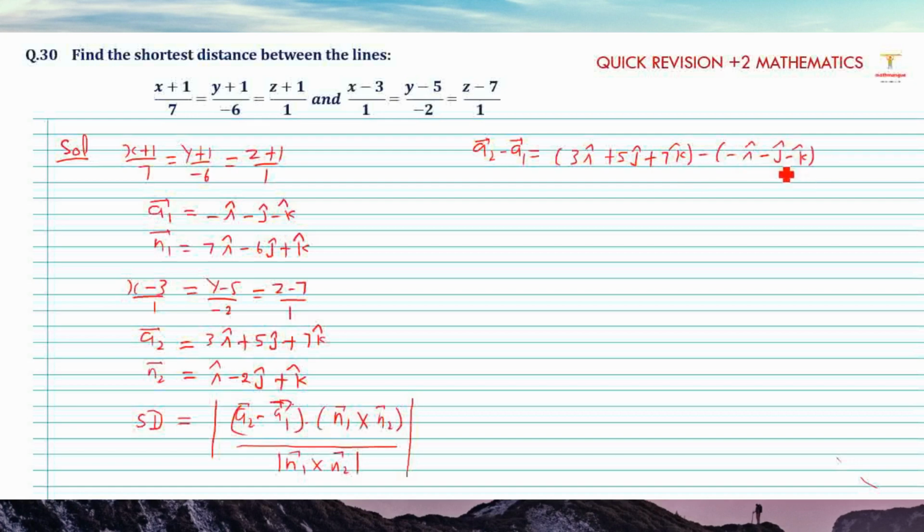So if you simplify it further, you get 3i plus 5j plus 7k plus i plus j plus k. If you simplify it further, you get here 4i plus 6j plus 8k.